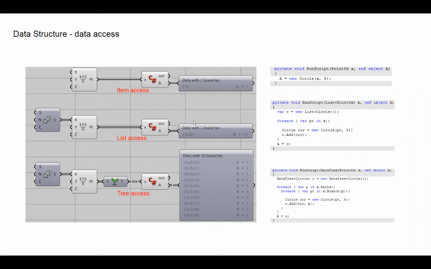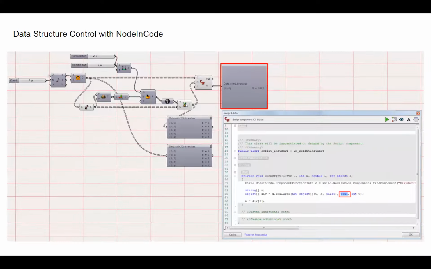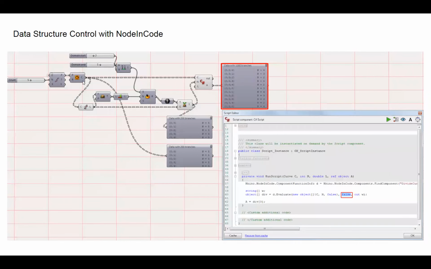When you run once, 10 items will be executed altogether. When you run the second time, those 10 items will be executed again. So in the end, what do you get from here? You actually get 100 items instead of 10 items. Okay, so if we come back here, the input data form is a branch: 200 branches with 5 circles in each branch.